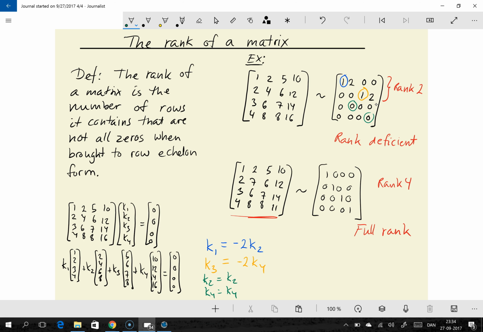So that means that we have a double infinity of solutions.